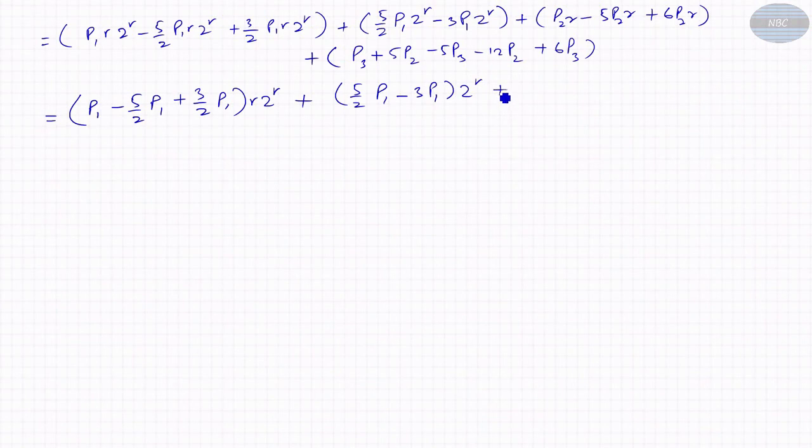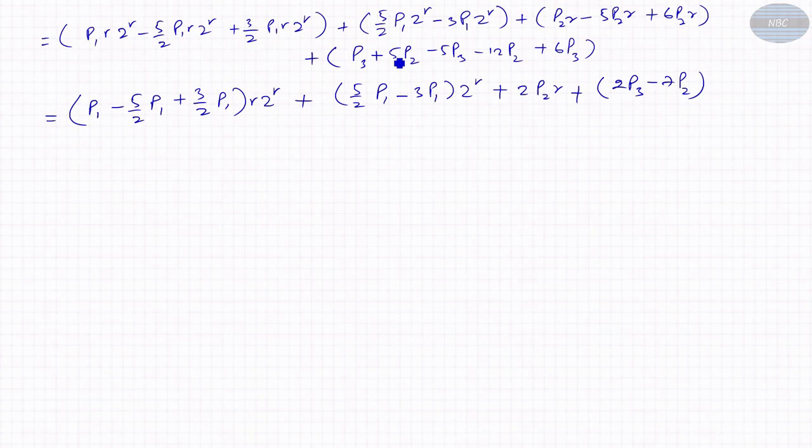plus, so this one p2 r minus 5 p2 r plus 6 p2 r, simplify this: 6 p2 r minus p2 r is equal to 1 p2 r plus p2 r is equal to 2 p2 r. Okay, similarly simplify this one, so we'll get 2 p3 minus 7 p2.